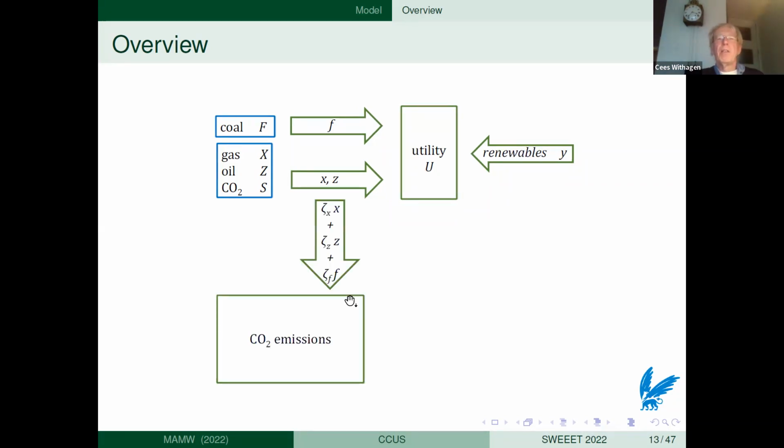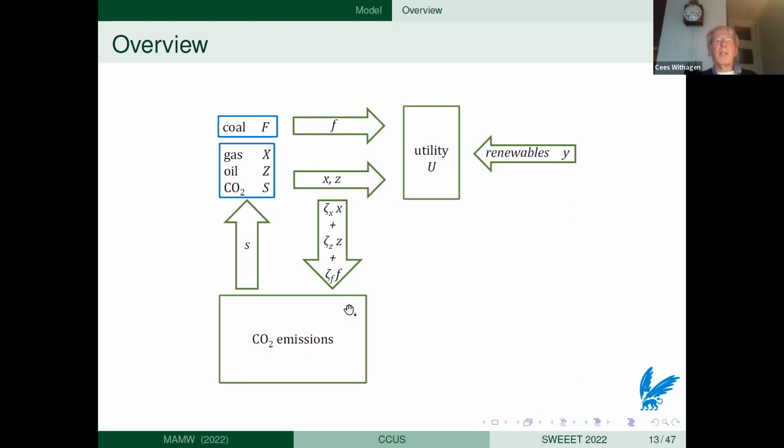However, the use of oil and gas and coal also leads to CO2 emissions. And we assume that there is a constant proportion of these energy inputs that lead to CO2 emissions.